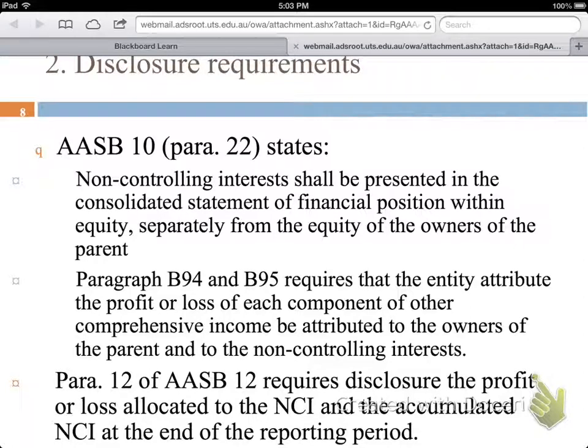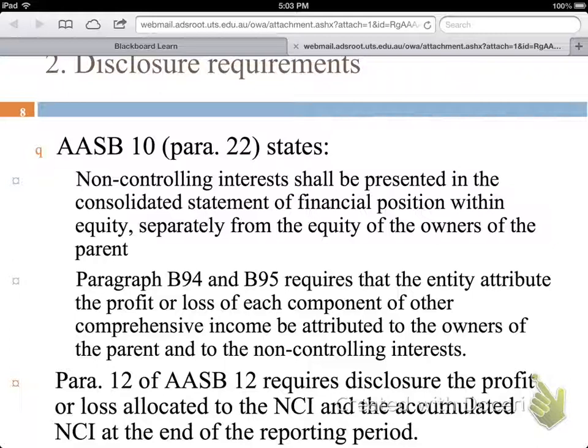The disclosure requirement for non-controlling interests. Non-controlling interests are required to be presented in the consolidated statement of financial position within equity separately from the equity of the owners of the parent. What does that mean?